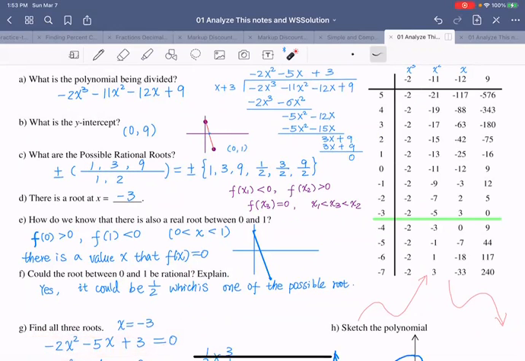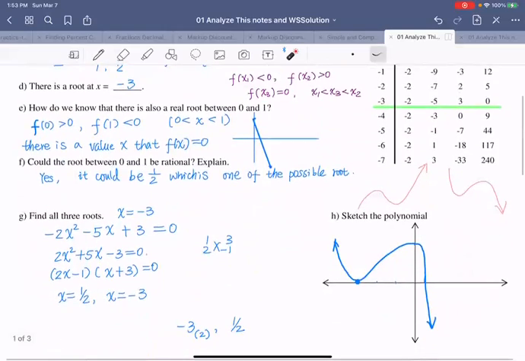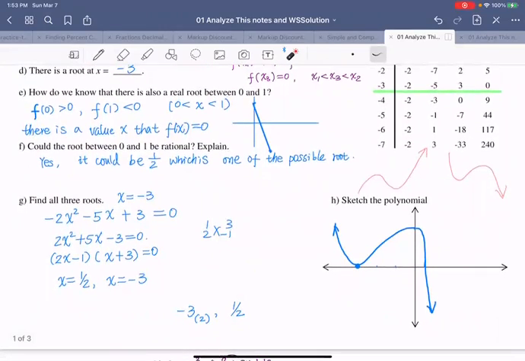It's not hard. Is -3 a double root? Yeah, a double root. That's right.